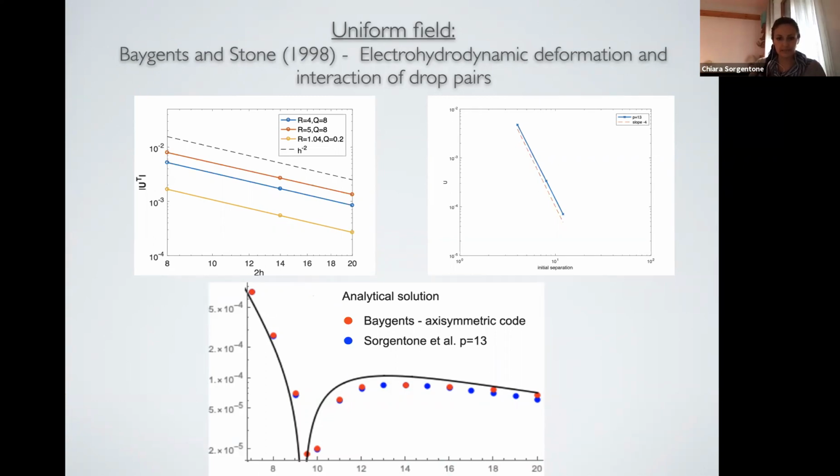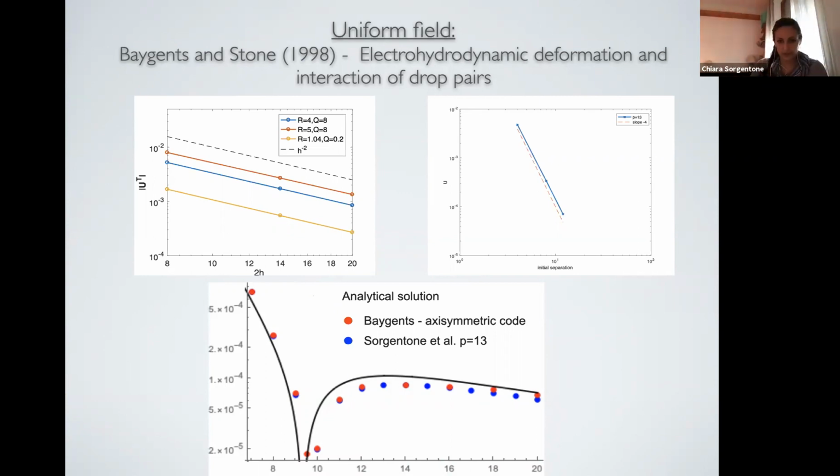This is another study by Baygents in the same paper, where he showed the change of this slope. We are plotting the relative velocity, which I call the steady velocity, because what happens, for a uniform field, is that the two drops initially deform, becoming either oblate or prolate, and then they either attract or repel each other, and then they reach some steady velocity.